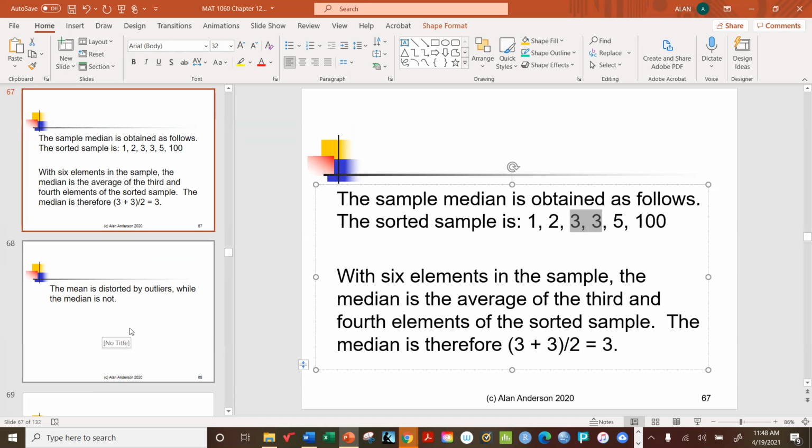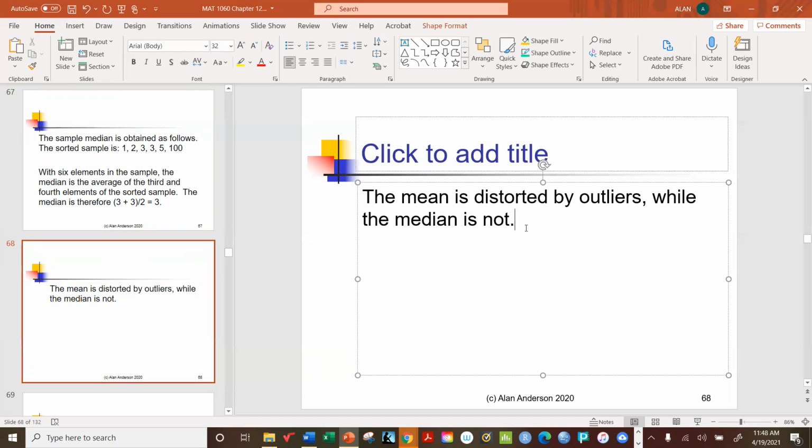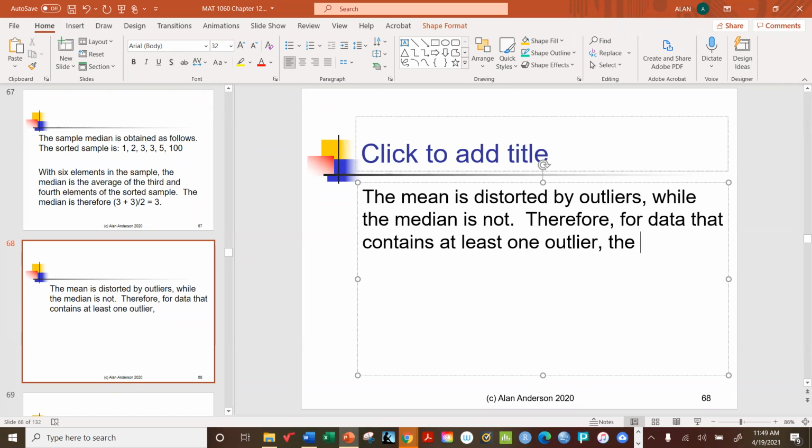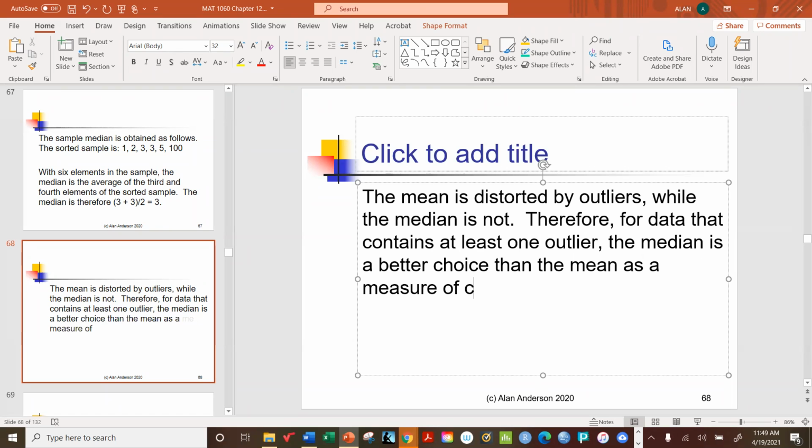So therefore, we say that the mean is distorted by outliers, the median is not. Therefore, for data that contains at least one outlier, the median is a better choice than the mean as a measure of central tendency.